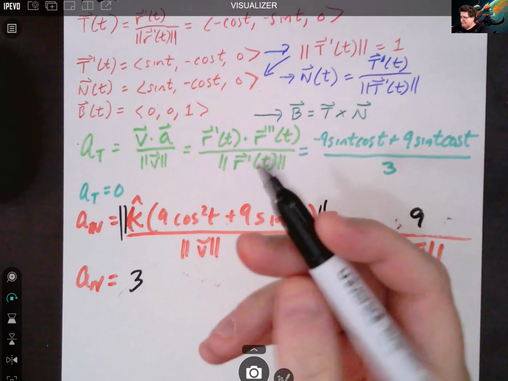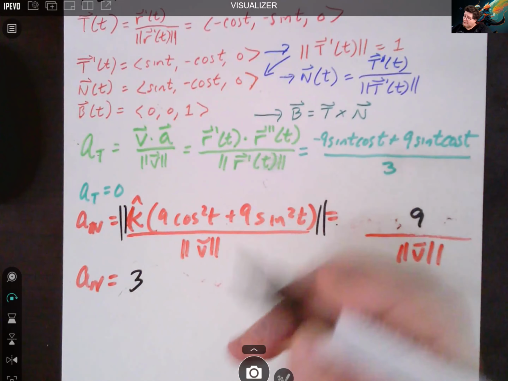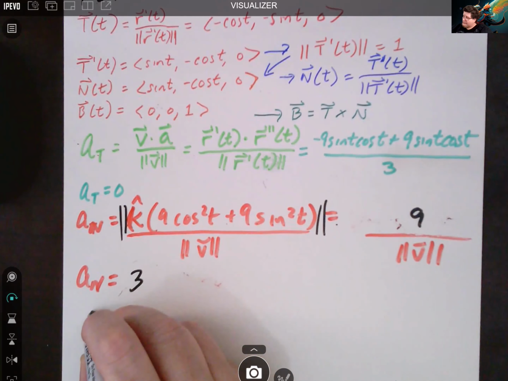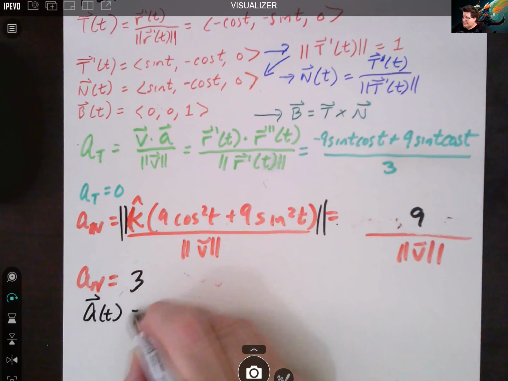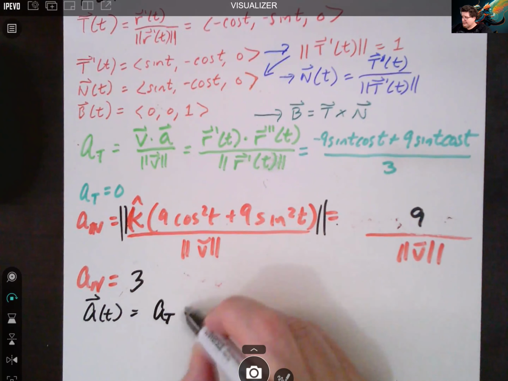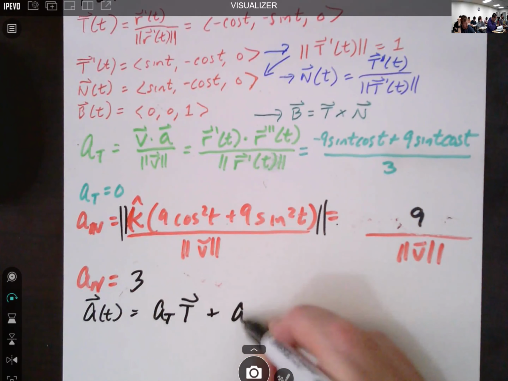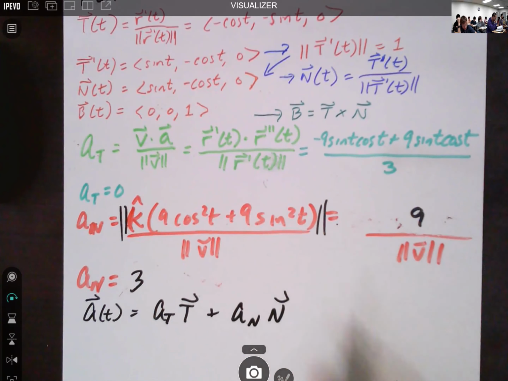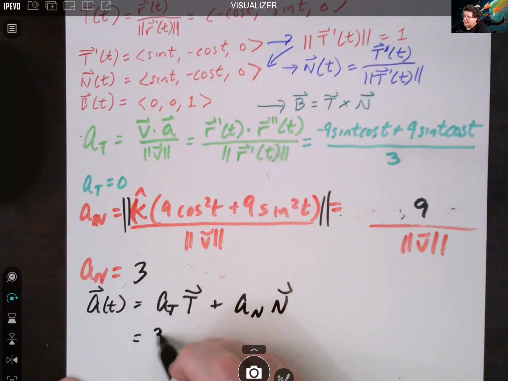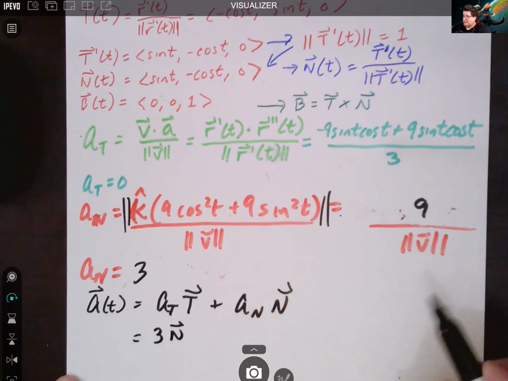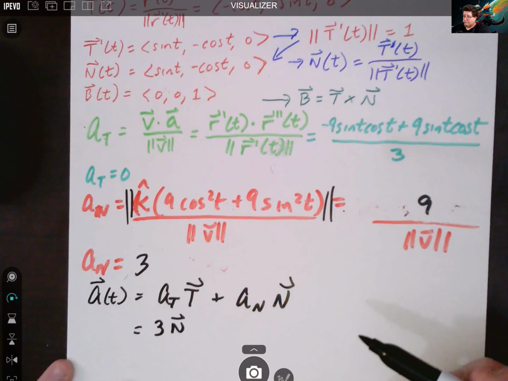What does that mean? I can write a of t as a_T times T plus a_N times N. So that's really just 3 times the normal vector, because a_T is 0.